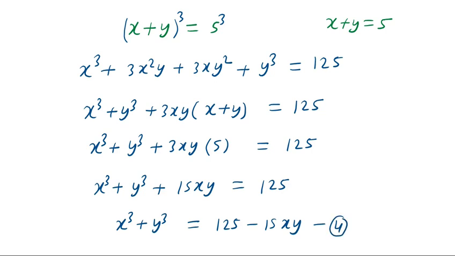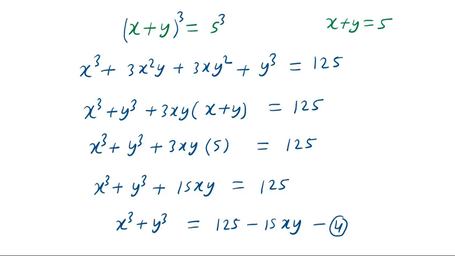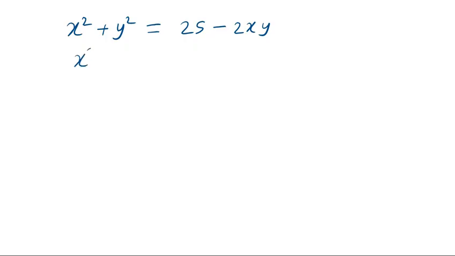Now look carefully at equation number third: x^2 + y^2 = 25 - 2xy. And equation number 4 is x^3 + y^3 = 125 - 15xy.